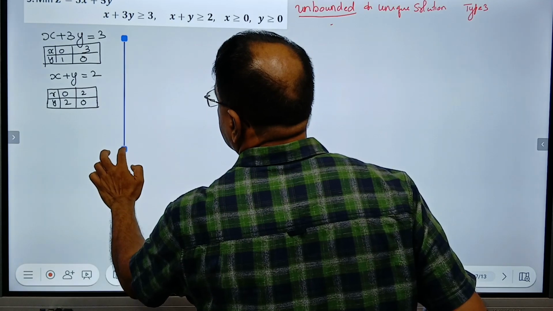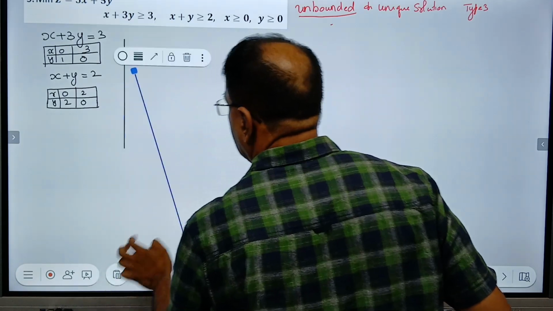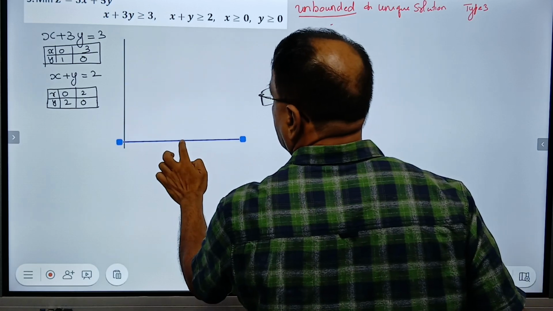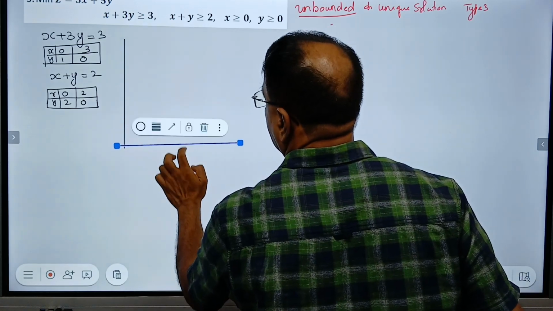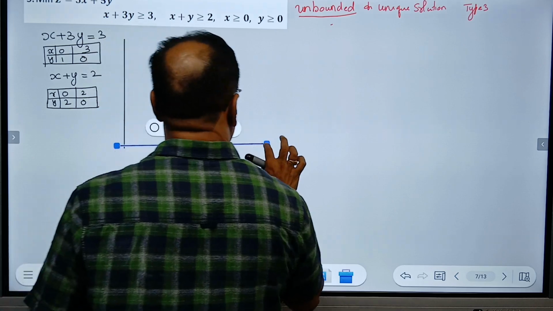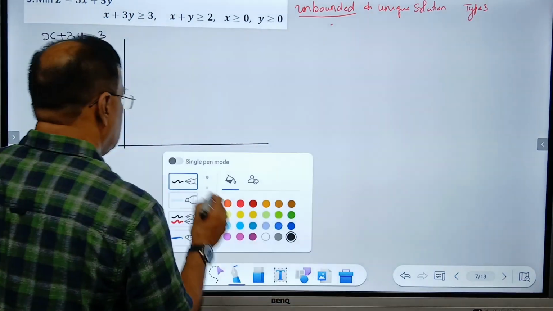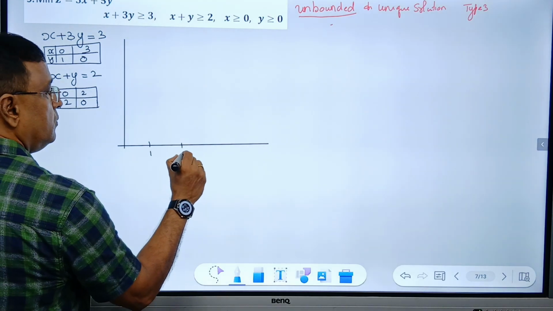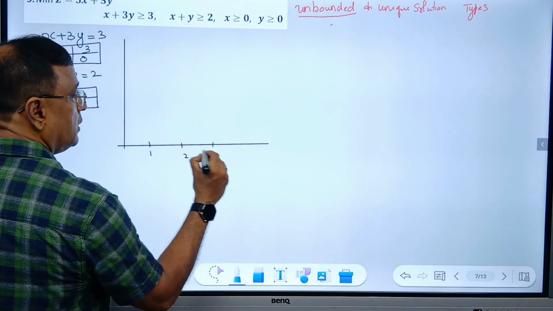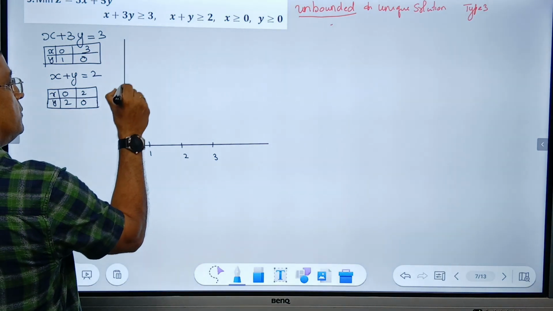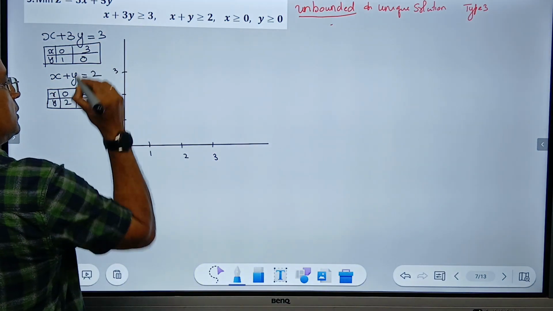So this is my x-axis, y-axis. What are the points? The points are 1, 2, and 3. And this is 1, this is 2, and this is 3.